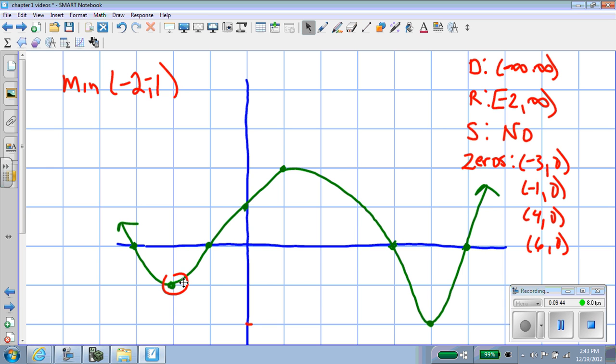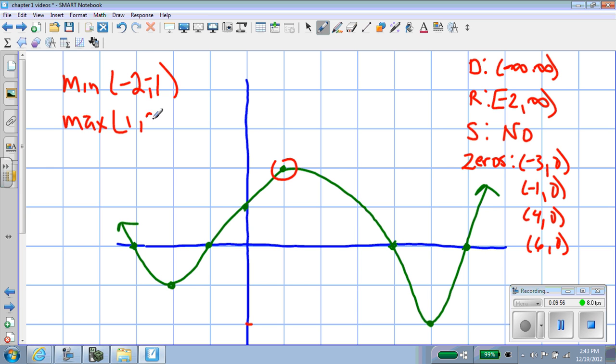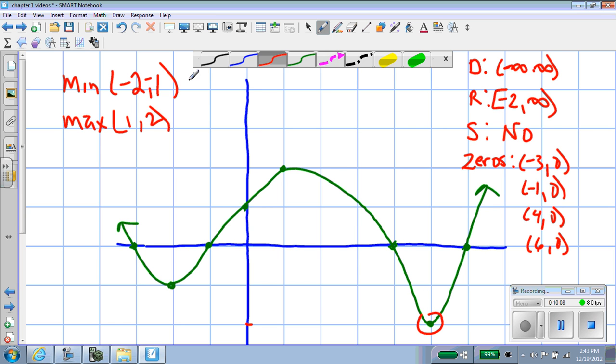I know I drew it kind of quirky there, but we have a relative maximum at 1, comma 2. We have a relative minimum, 1, 2, 3, 4, 5, at 5, negative 2.